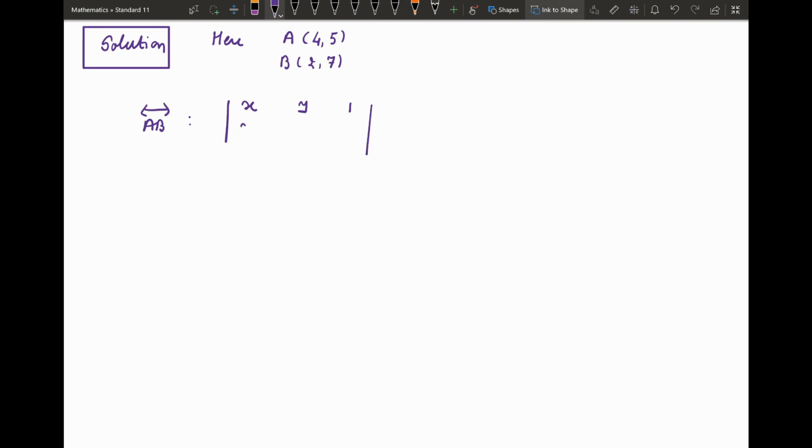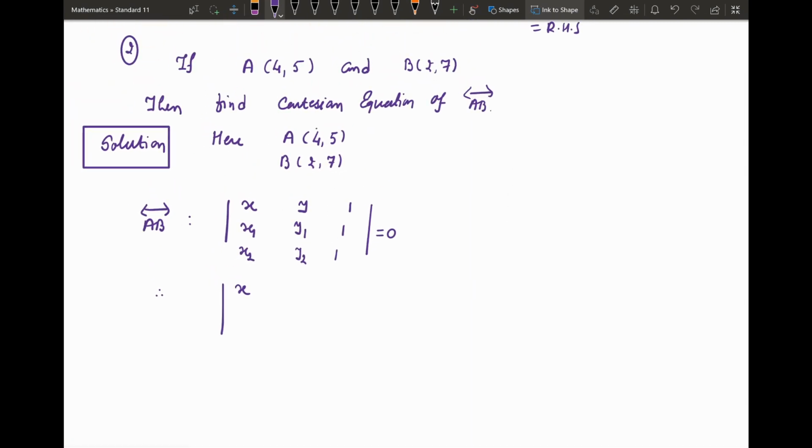x y 1, x1 y1 1, x2 y2 1 equal to 0. So using this, the coordinates of A we will consider as x1 comma y1, and the coordinates of B we will consider as x2 comma y2.